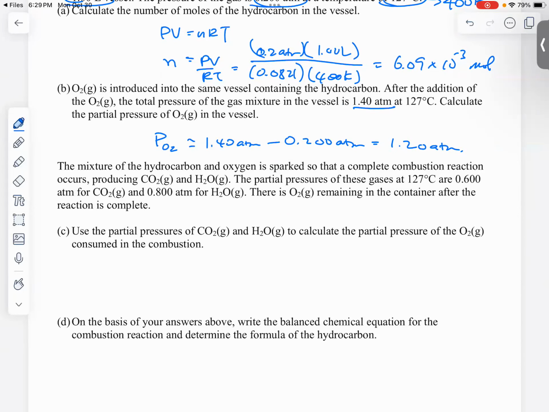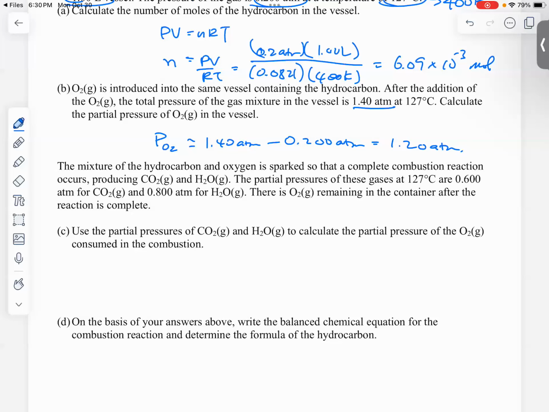And then the mixture of the hydrocarbon and oxygen is sparked so that the complete combustion reaction occurs, producing CO2 and H2O. The partial pressures of these gases at 127 are these. There is O2 remaining. So that means the hydrocarbon is the limiting reactant.